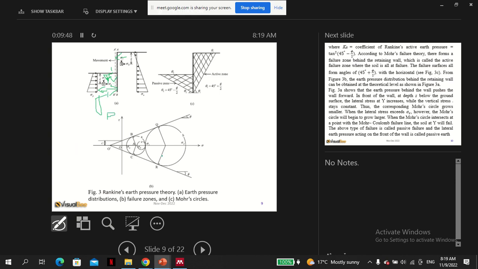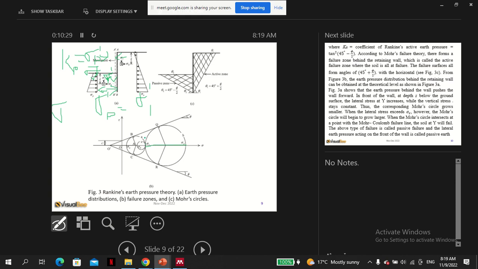Okay, now here sigma, the same idea, so sigma 1, sigma h. Normally the highest value, so of course here the Kp, sigma p over sigma v, is actually greater than 1, so it means that sigma p now is the one like sigma 1, so it expands to this point.